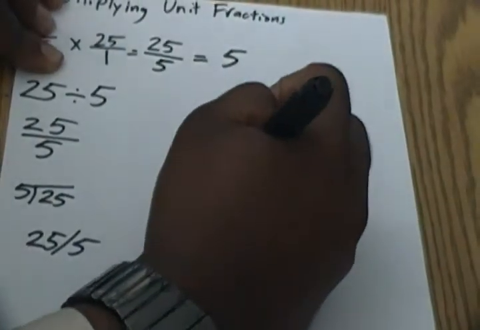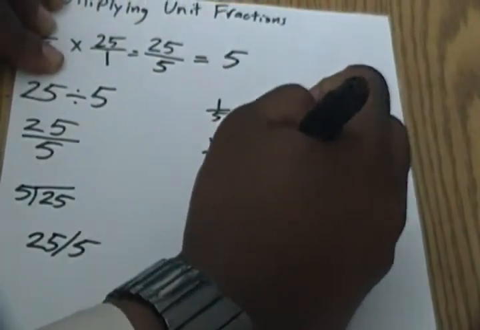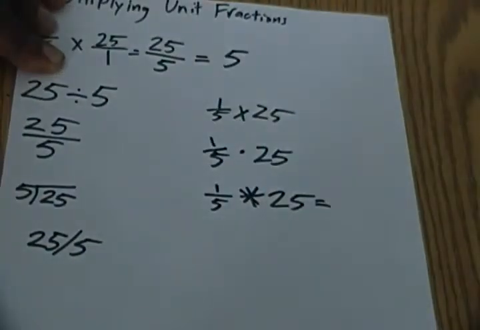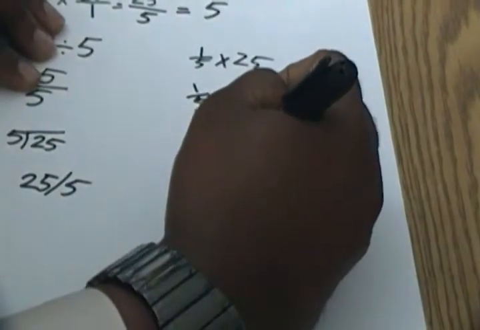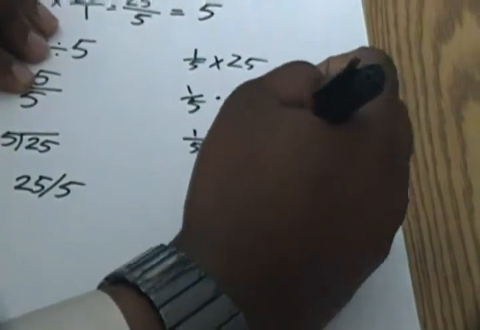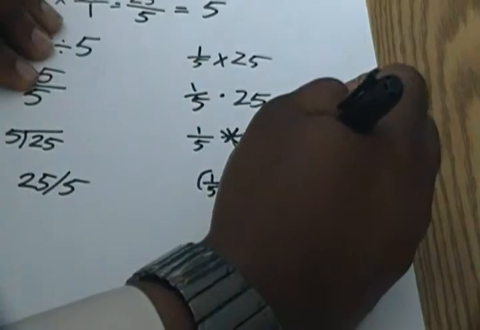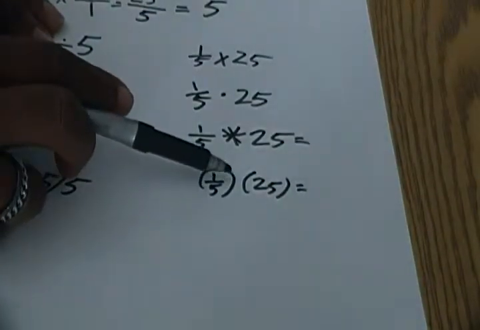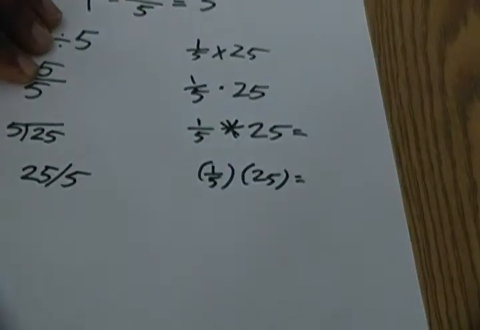You'll see it as 1/5 and an asterisk 25. Sometimes you'll see it without any symbol, but you'll have parentheses. Whenever you don't see anything in between the parentheses, that means multiplication.